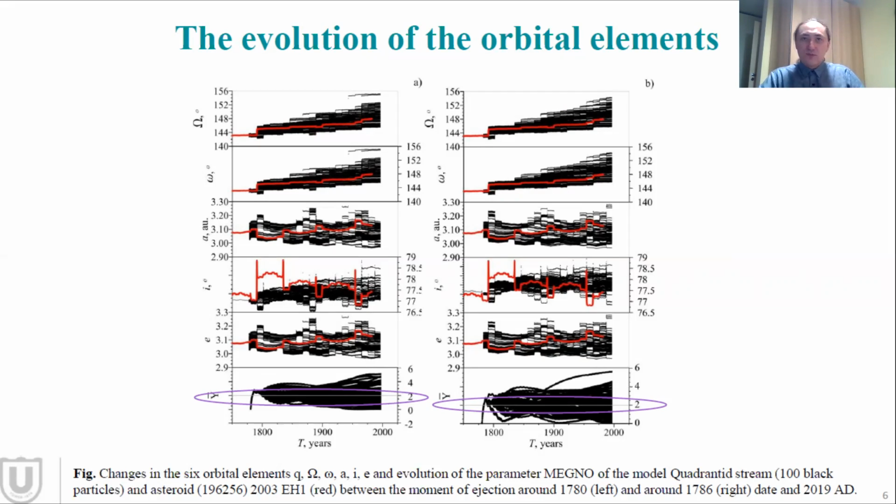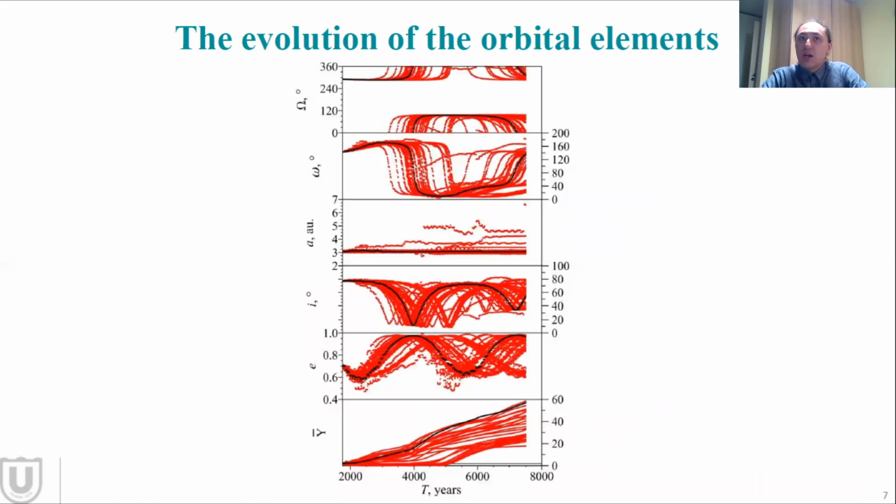As seen in this figure, the MEGNO parameter grows linearly for half of the simulated particles of ejection, and at some moment passes through the value 2. Unfortunately, the integration period of the base, 400 years, is too short to decide whether the considered set of orbits is regular or chaotic, and whether the motion is predictable for longer times.